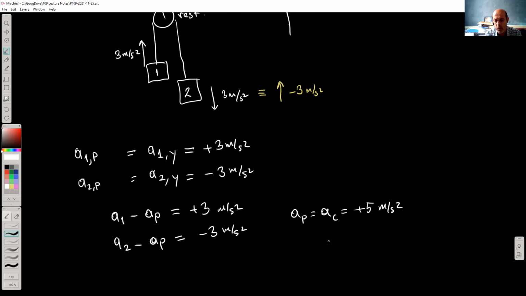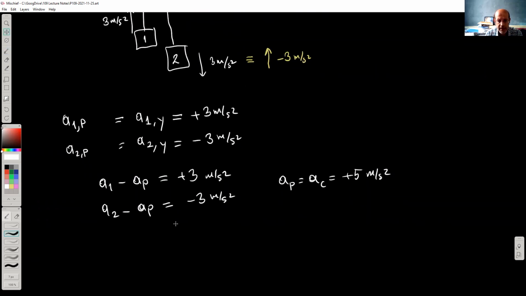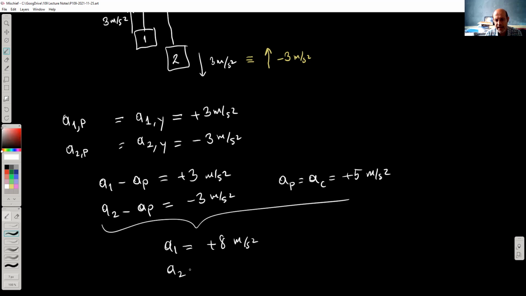All of these are y components. All right. So that means from here, A1 is equal to +8 meters per second squared. And A2 is equal to +2 meters per second squared, right?